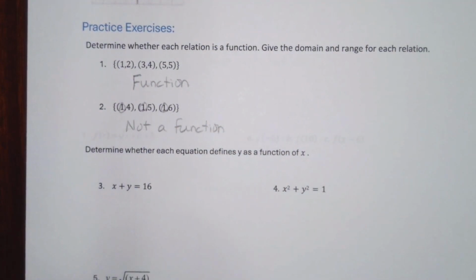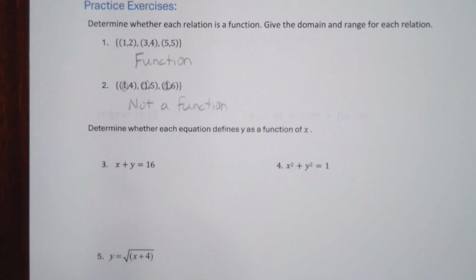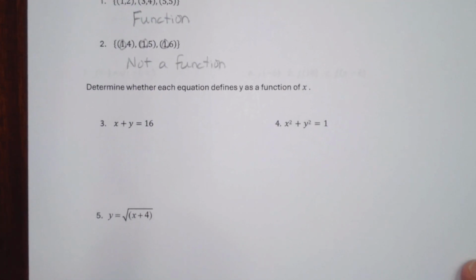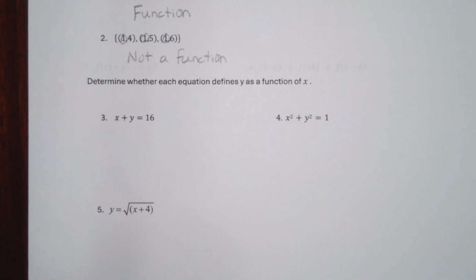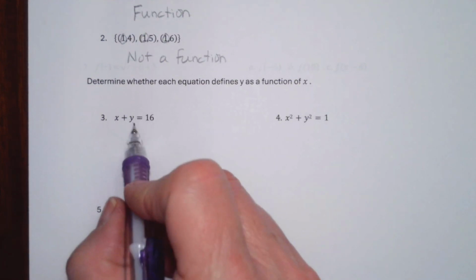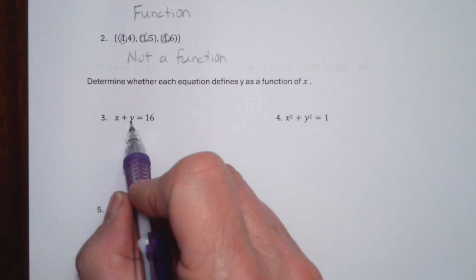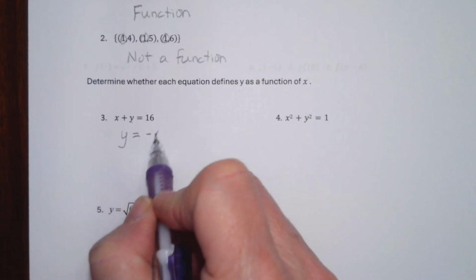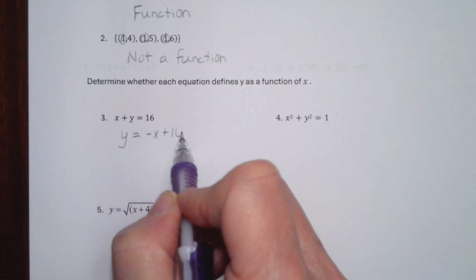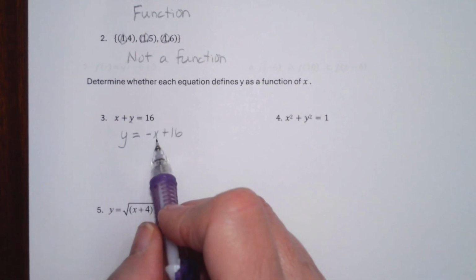Now it says for practice, let's determine whether each equation defines y as a function of x. Now remember, x can only have one answer. So here, if we were to solve this for y, y is equal to negative x plus 16 if we move the x to the other side.